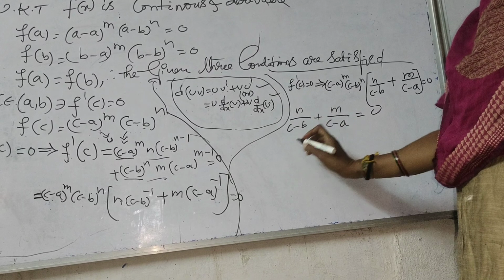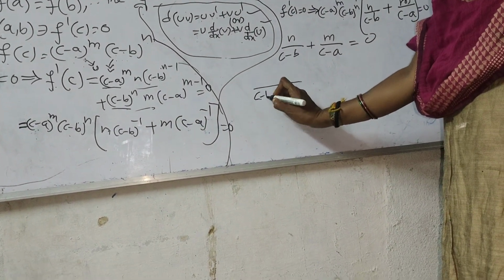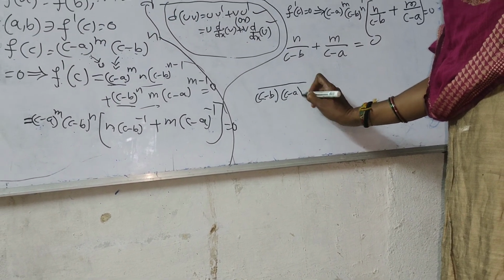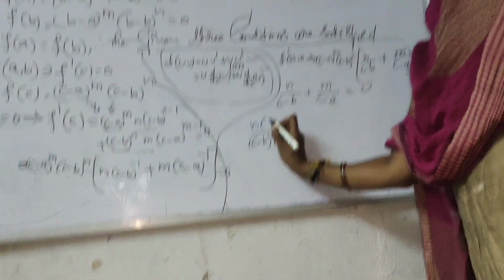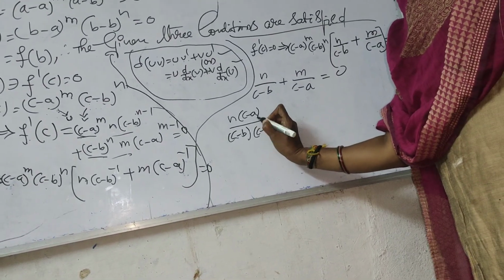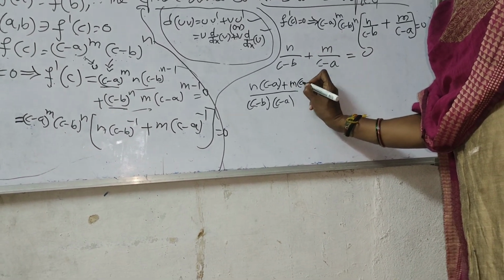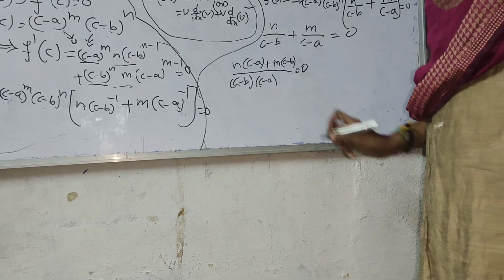Now taking the LCM, C minus B into C minus A, and cross multiplying, n into C minus A plus m into C minus B equals 0.